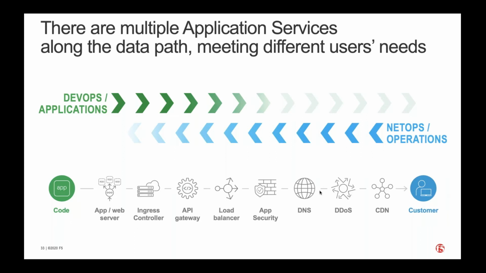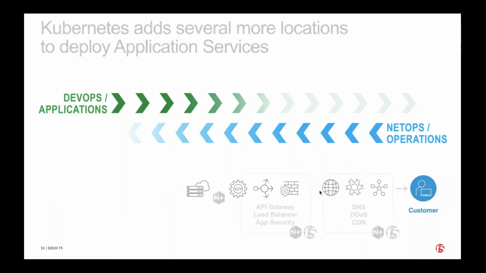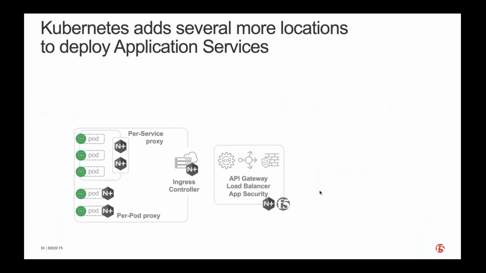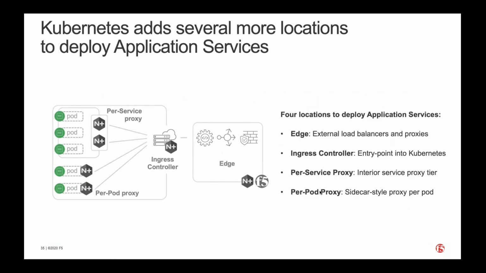When we are using Kubernetes within our application path, we are going to simplify our NGINX deployments. As you can see with the F5 and NGINX Plus deployments, we can use them in different spots. We have 4 different locations where we can deploy these application services: the edge, the Ingress Controller, the per services proxy, and the per pod proxy.